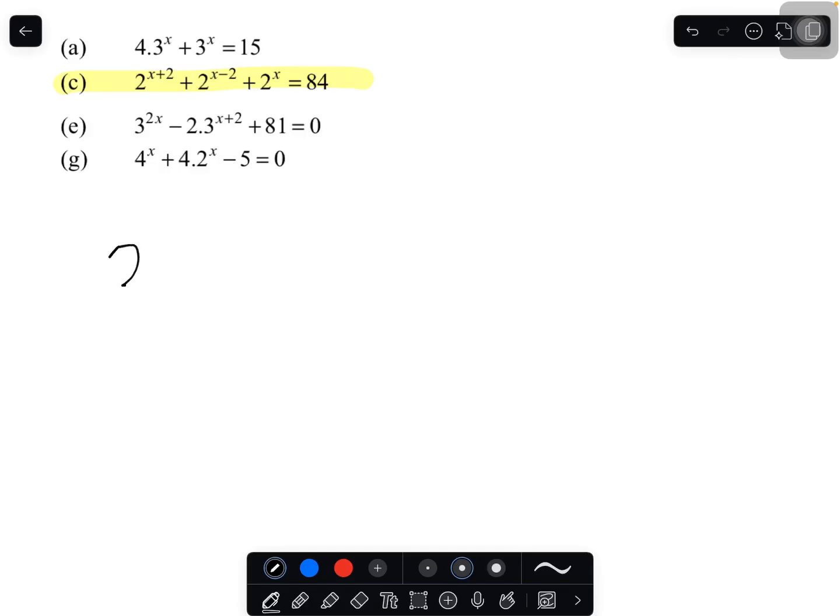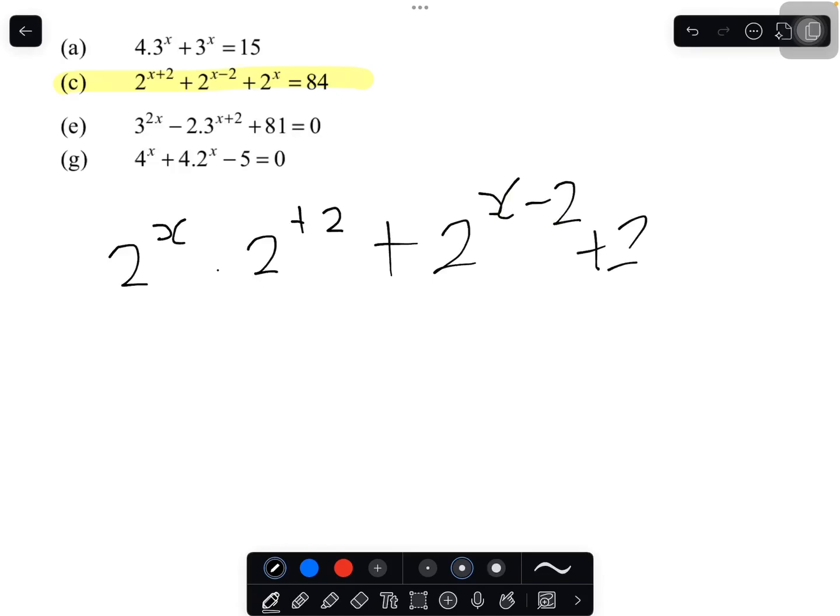So we'll have 2 to the x times 2 to the minus 2 plus 2 to the x plus 2 to the x equals 84.